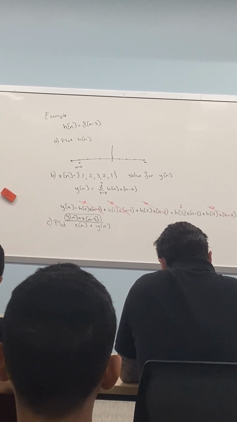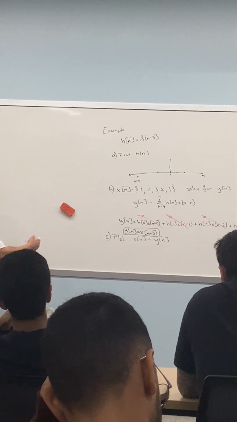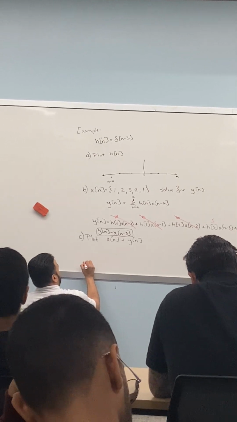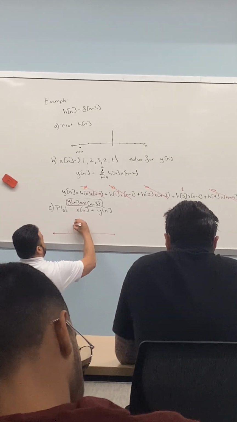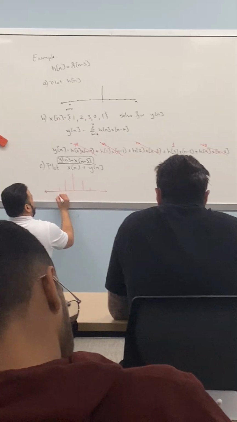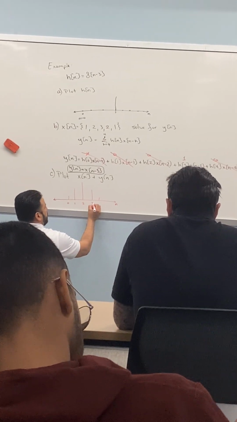So what does that mean? It means that this is where you plot x of n. X of n is 1, 2, 3, 2, 1, starting at n equals 0.